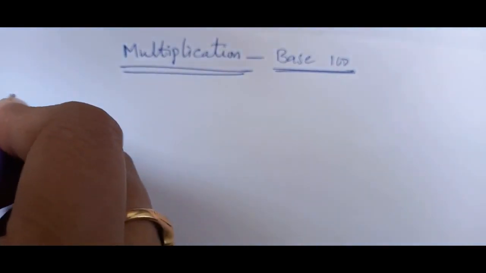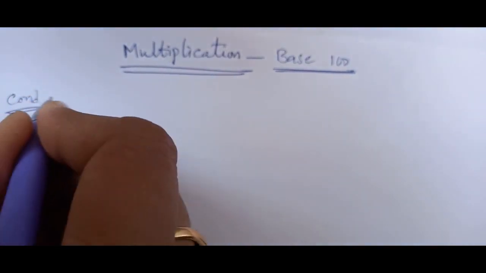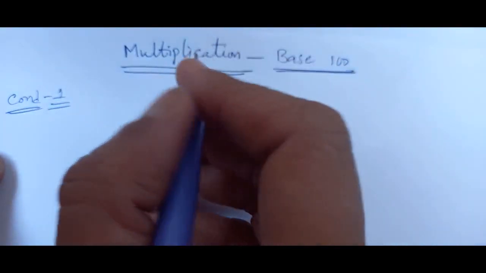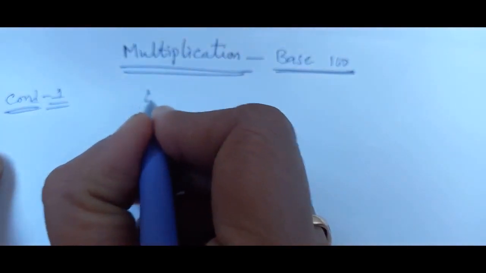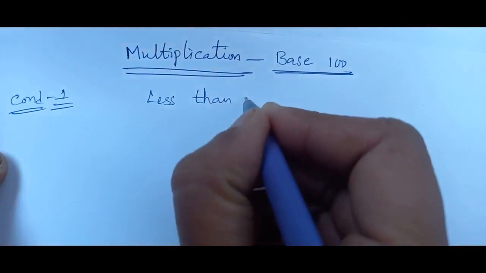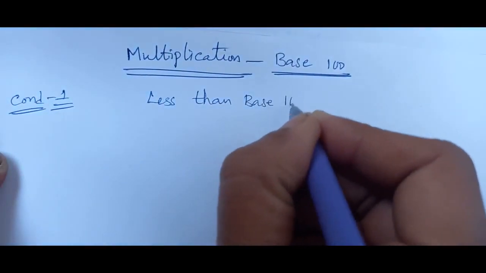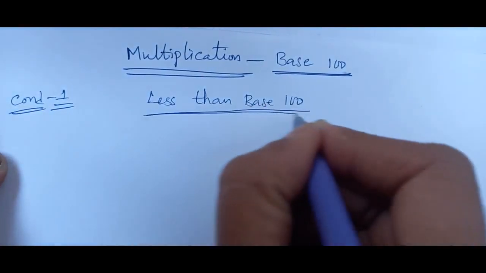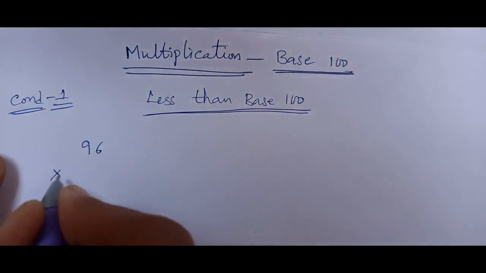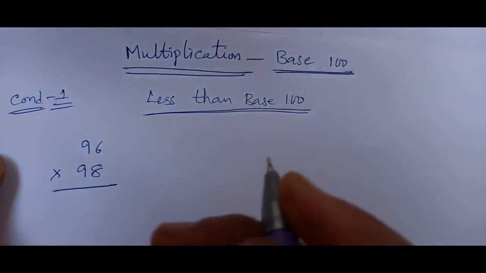First condition: if both the numbers are less than 100, how to do multiplication? Less than base 100. 96 into 98.